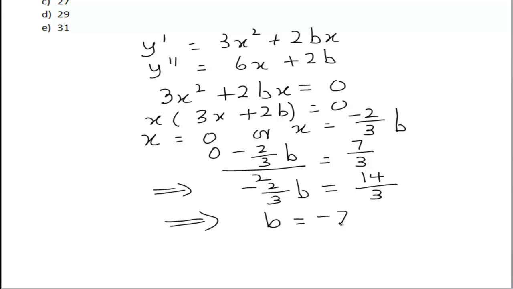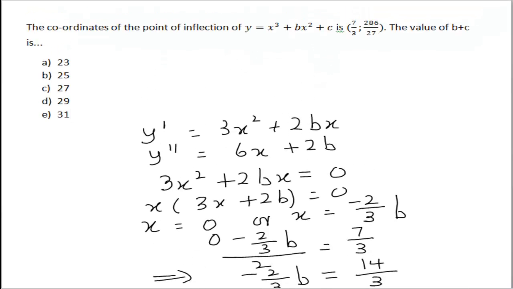What they also tell us is that if we substitute into the original, now you notice the original is x cubed plus bx squared plus c, and we got 7 over 3 and 286 over 27.